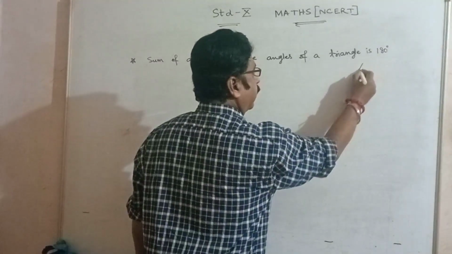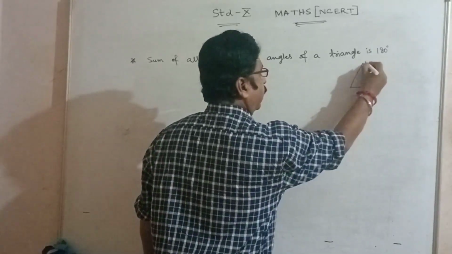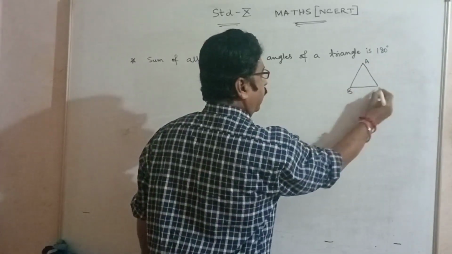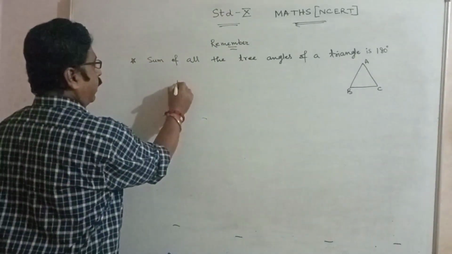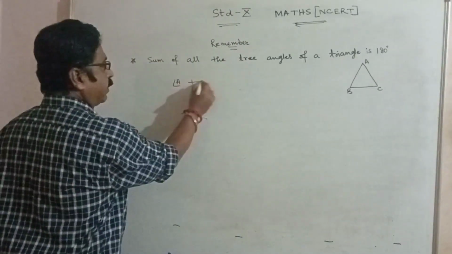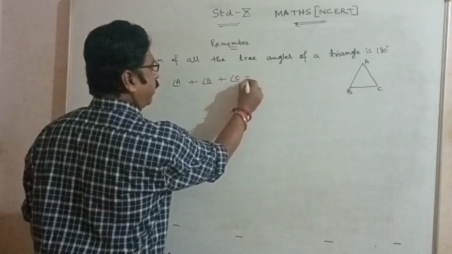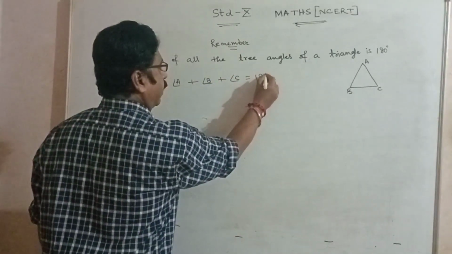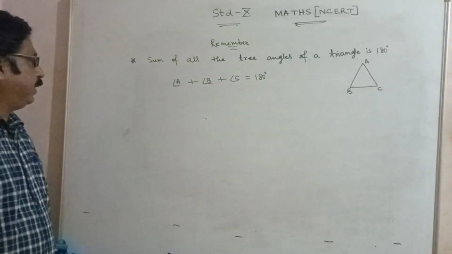Suppose ABC is a triangle. Angle A plus angle B plus angle C will be 180 degrees.